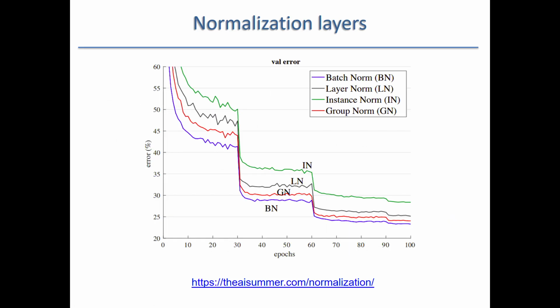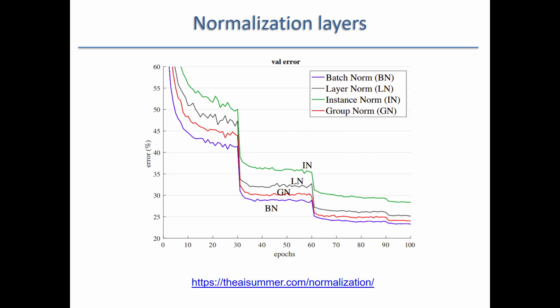So here we have a particular example in which we have these big changes because of the learning rate. So there are changes in the learning rate. Here is the percentage of error on the validation set for a particular network. And what is seen here is that the different normalization techniques have an effect on the output.